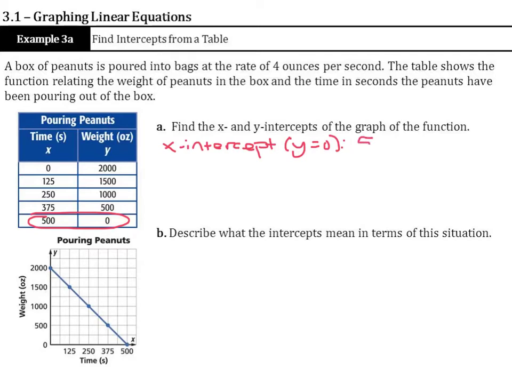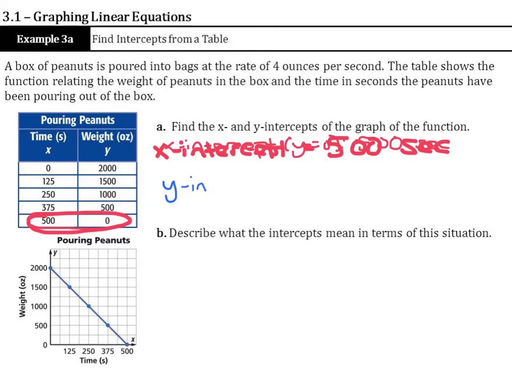So we have 500 seconds. Our y-intercept is when x is going to equal 0. Well, that is at 2,000 ounces.